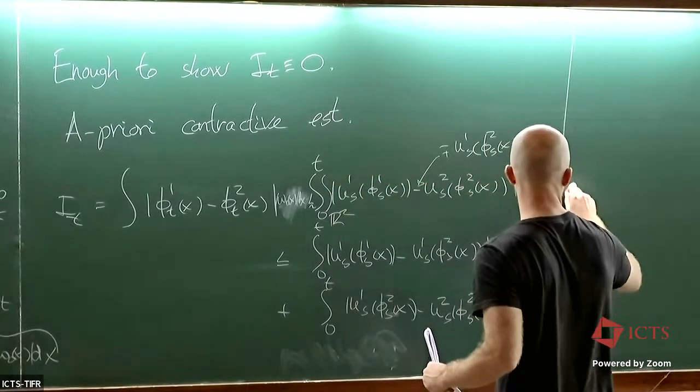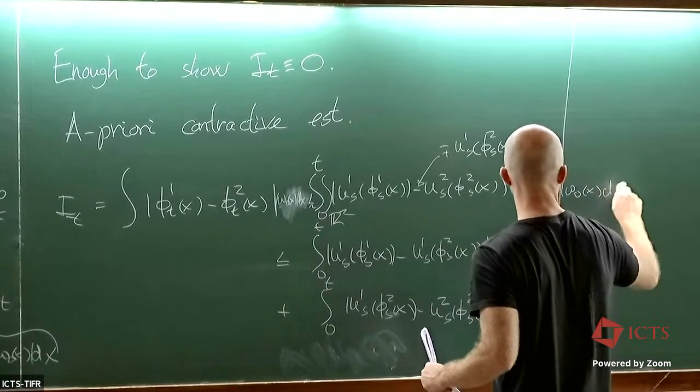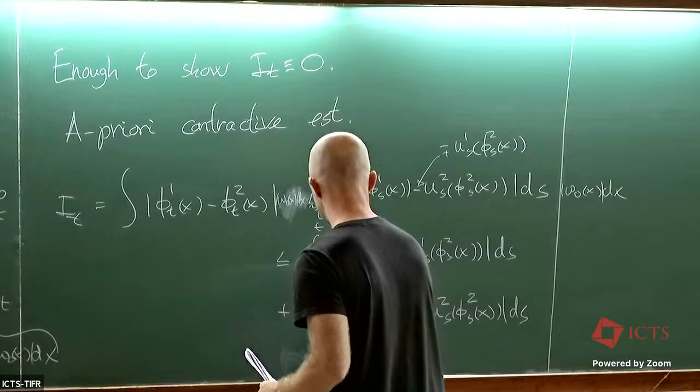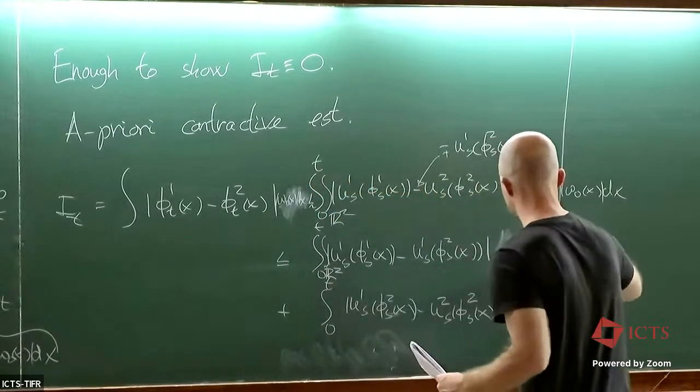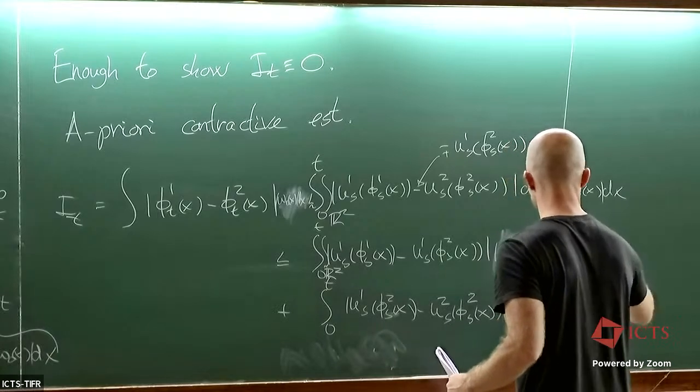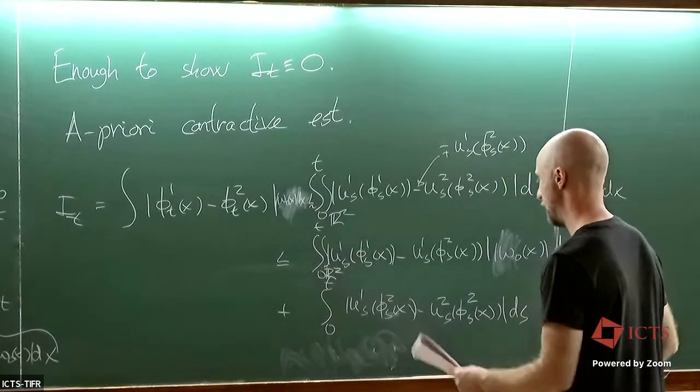And then dx. And we do the same here. And we change the order of integration. Omega naught x dx ds. And the same here.